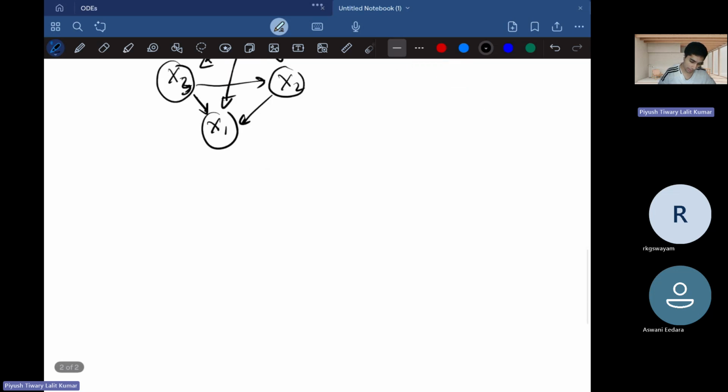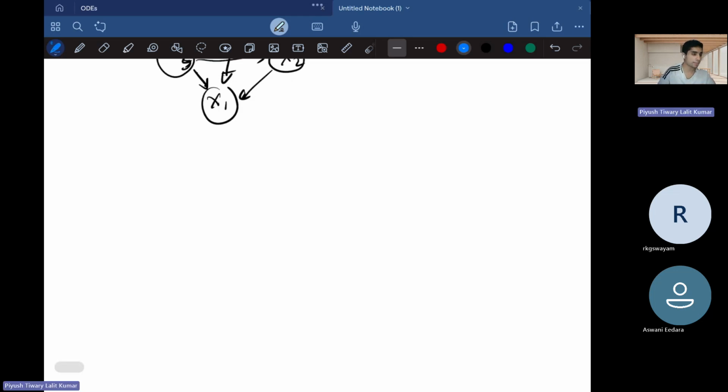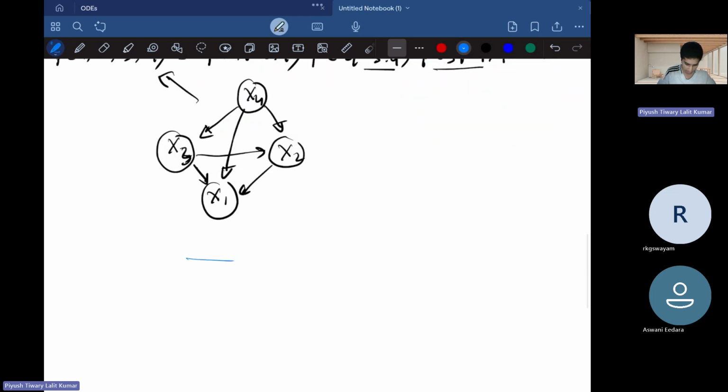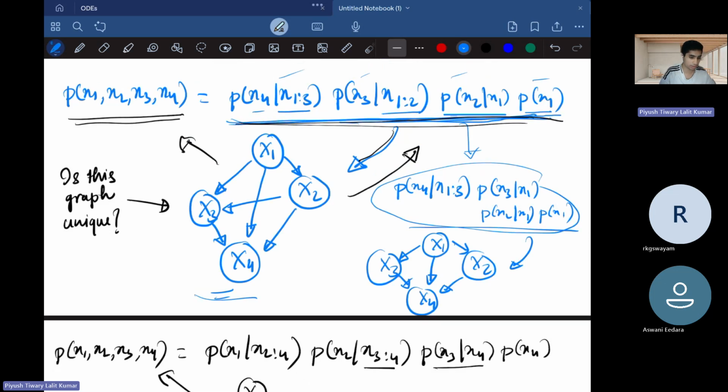However, let's try to think about it the other way around. Let's think about graphs first, and then we will come up with the joint distribution. This will help us appreciate why we are working with PGMs. If I give you this structure, or if I give you this structure, both will give you the same joint distribution, right?